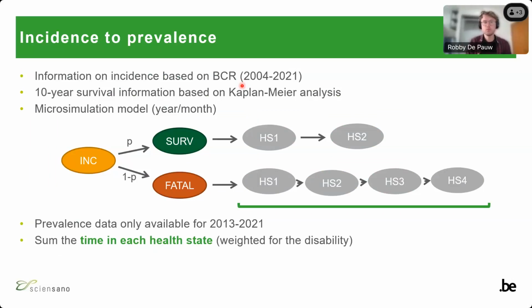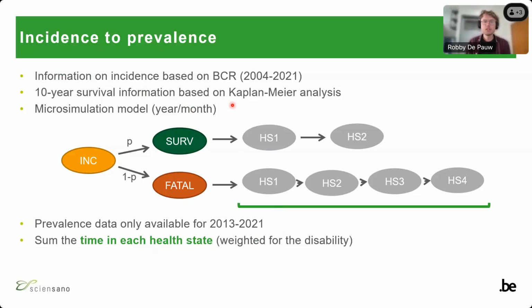The data for incidence was available from 2004 to 2021. And I will go immediately to the fourth bullet point. This, of course, also means when we look at the 10-year survival rate, that prevalence data is only available after this first 10-year period. So the prevalence survival data is currently available for the years 2013 to 2021.